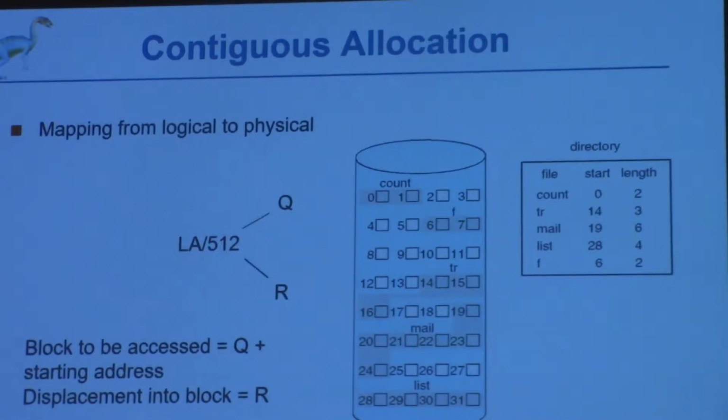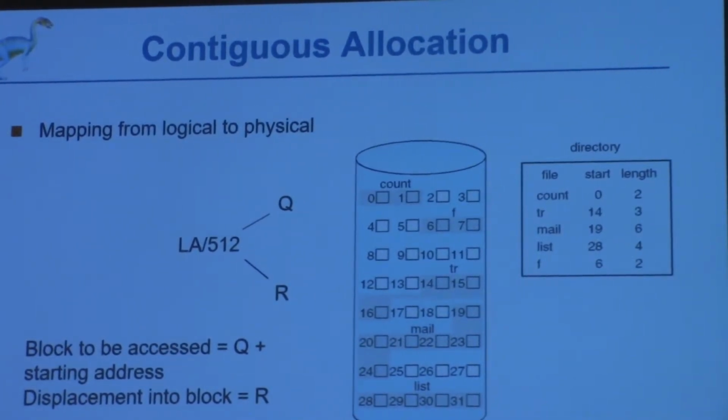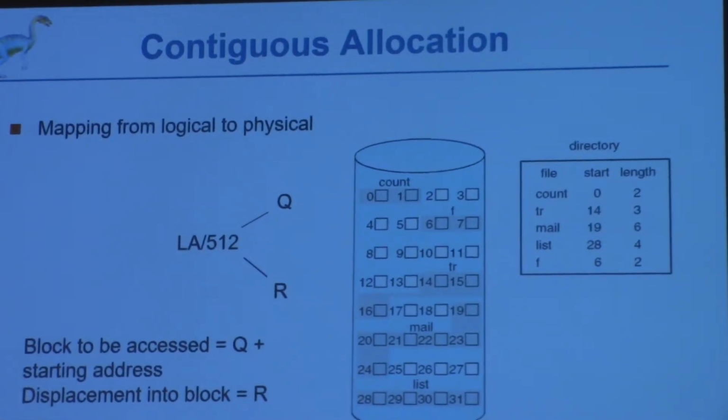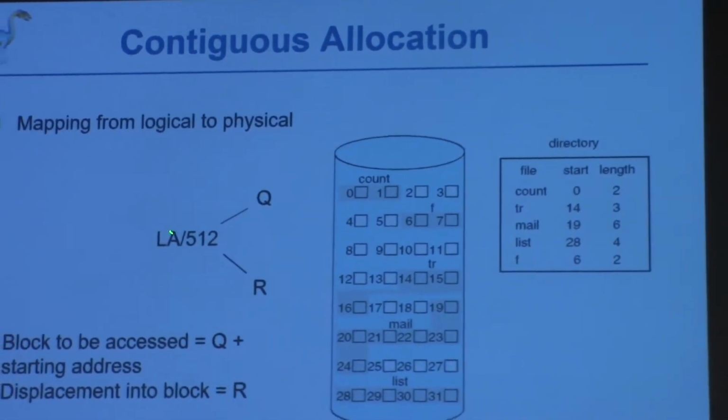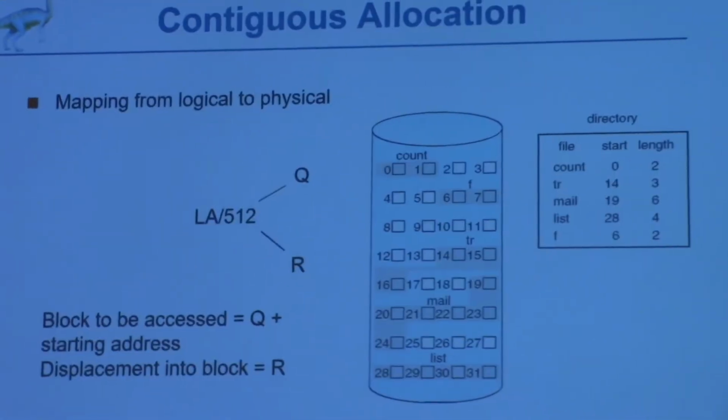So this is a diagram for the contiguous allocation. Let's see in this example, the block size from now on, 512 bytes is most popular. The block size, I/O block, or even the memory. So 512 bytes is used a lot. So in this case, 512 bytes. So there is a directory structure.